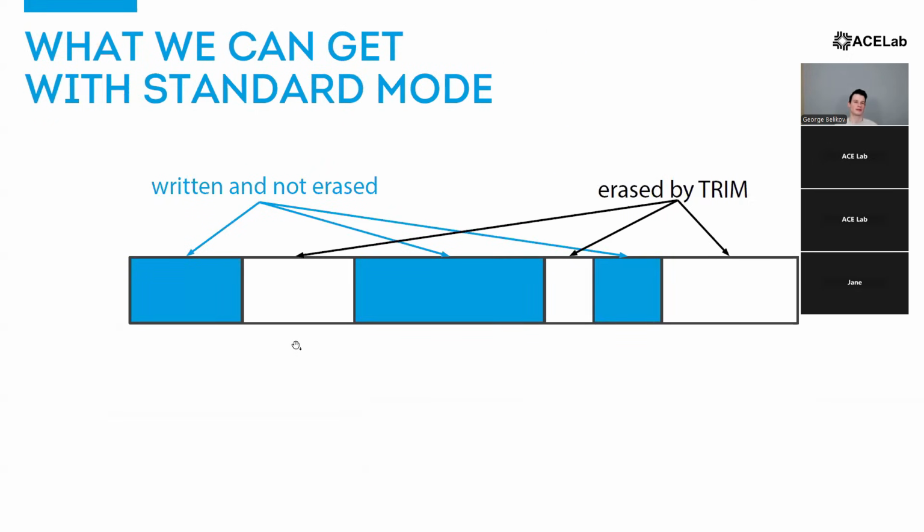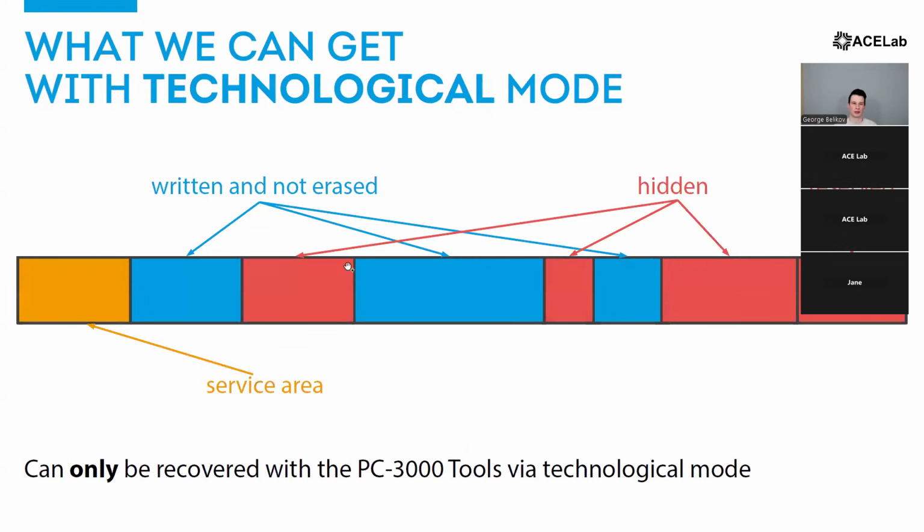So what can we get in standard mode? If we are just working with the Windows operating system, with the drive just connected there, we can have access to data which is written and not erased, for example newly written data. But the data which has been erased by TRIM will be inaccessible for us in standard mode.